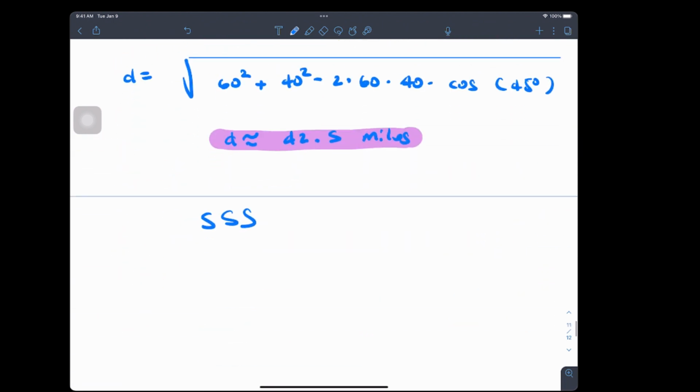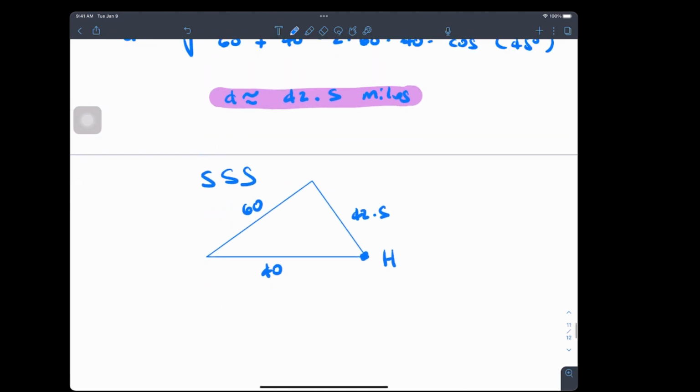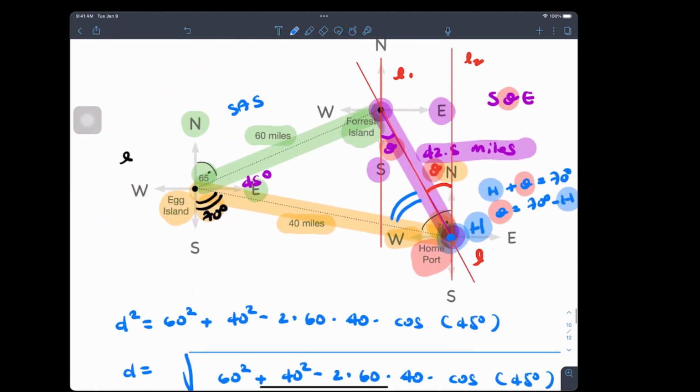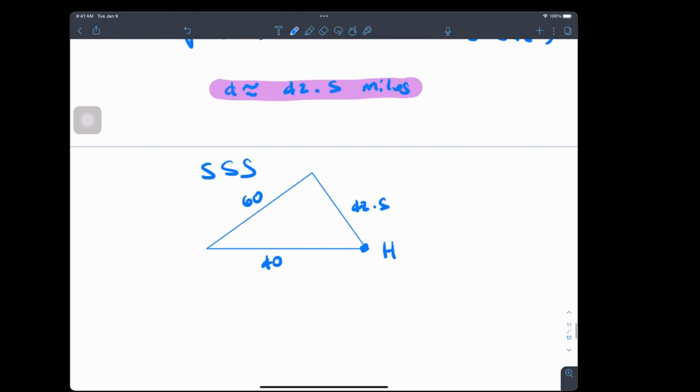This is 60, 40, 42.5. There's my H. If I can get that, I'm home free.